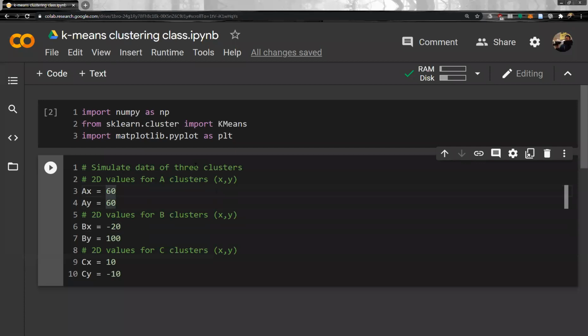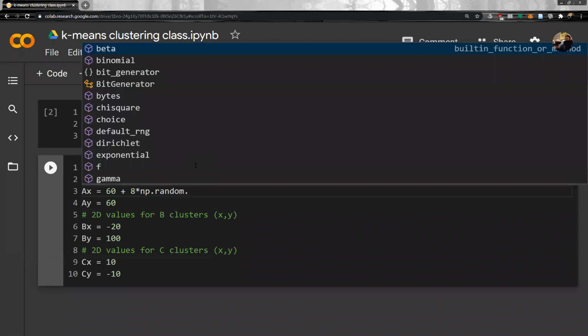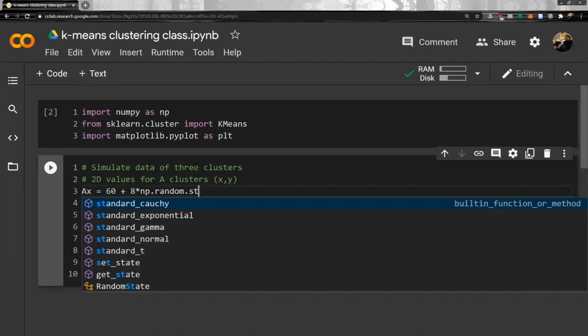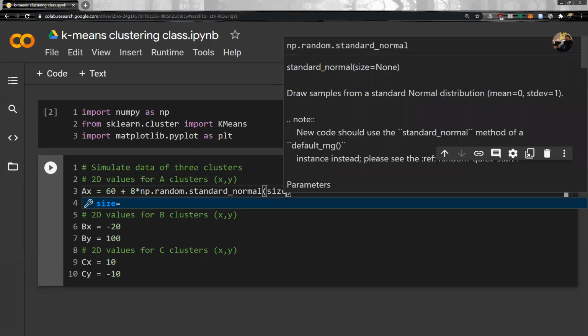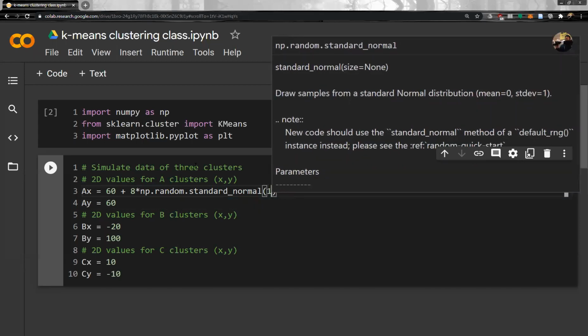And around these centers, we will generate random numbers with a normal distribution. So let's say the standard deviation is 8, and then the random number np.random.standard_normal, and then let's say size is like 100.